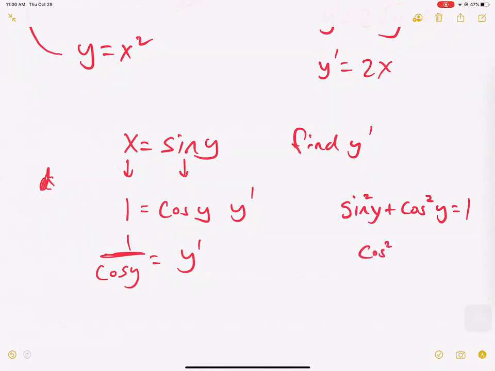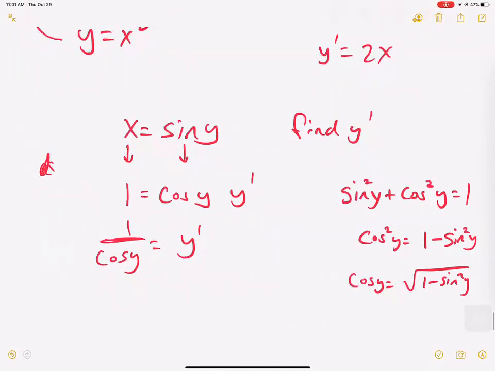Cosine squared of y is equal to 1 minus sine squared y. Still hanging in there? I want to get rid of the square, so cosine of y is equal to the square root of 1 minus sine squared y. Everyone's still coming along?